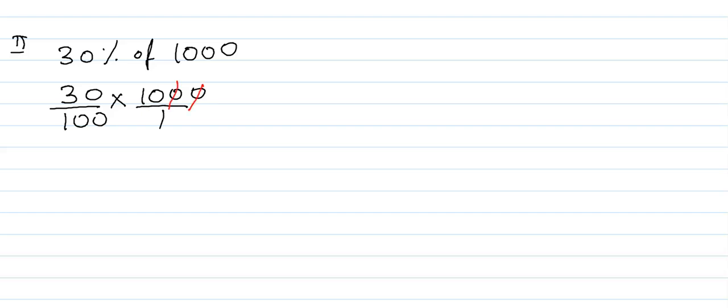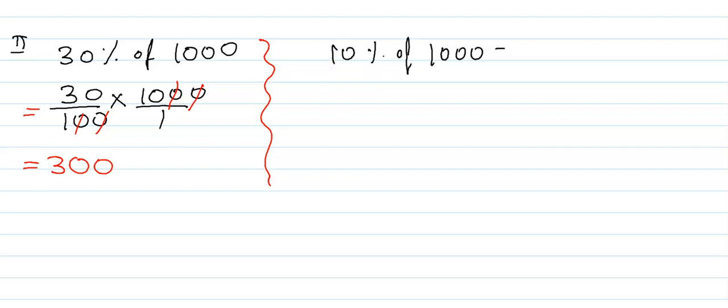The top two zeros cancel by the bottom two zeros, and we get 30 times 10, which is 300. If you don't want to do this, you can use a different way. For 30%, you can find 10% of 1000. 10% of 1000 means, as I told you, divide by 10, so it will be 100.